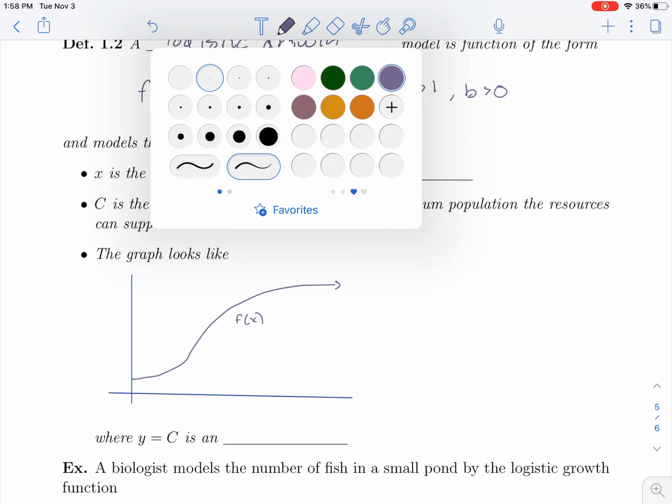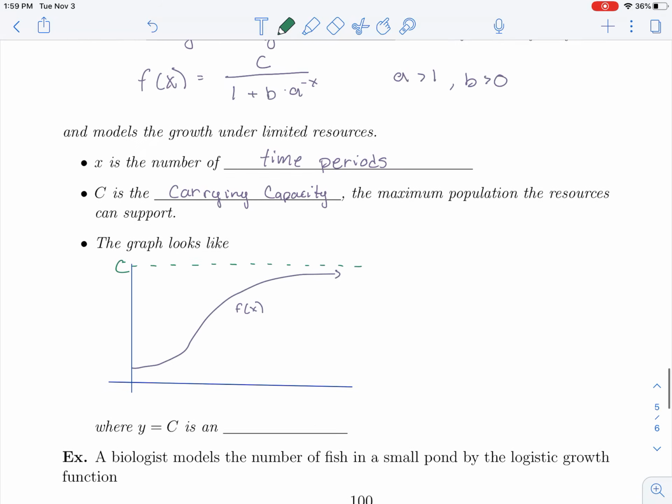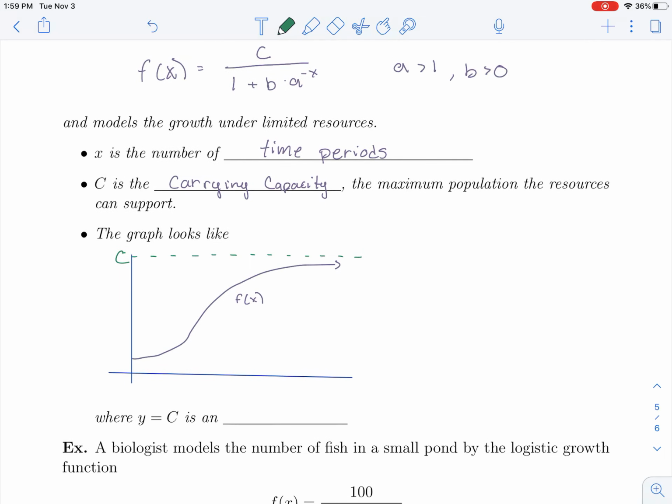So notice that it doesn't flatline necessarily, but it's just slowly approaching this line. That's actually c, right? Y equals c right here. If this point is c, that line is an asymptote. A-S-Y-M-P-tote.